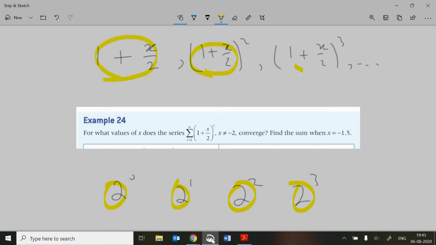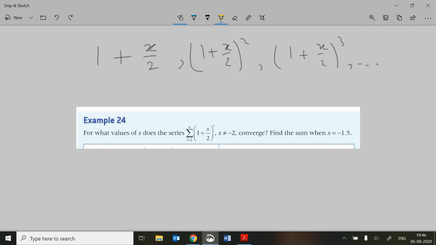This is our r, right? So the first term is here, but we're timesing it each time by another (1 plus x) over 2. So this is kind of like a hidden geometric sequence, where the first term is the same as the common ratio. And that's hard to spot, I think.